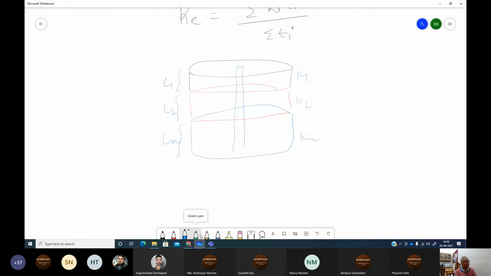What will be K equivalent? What is K equivalent?